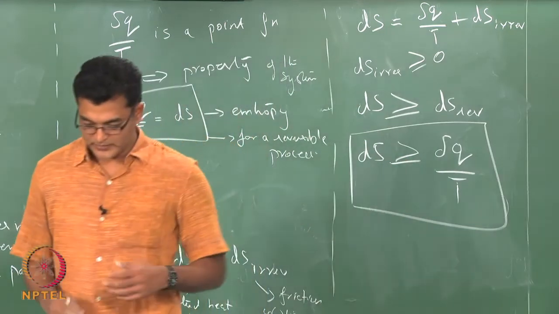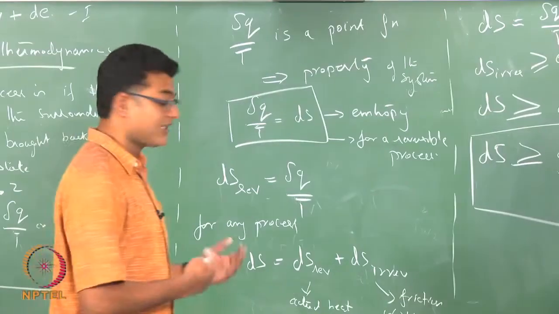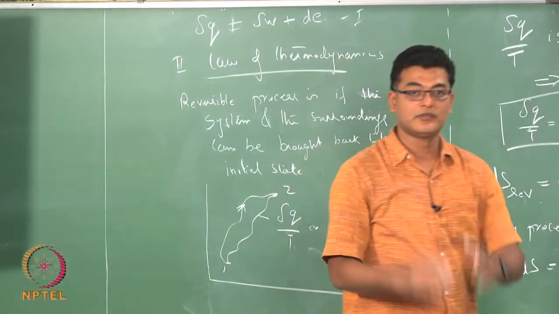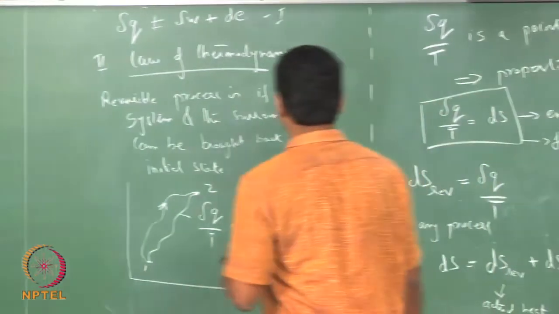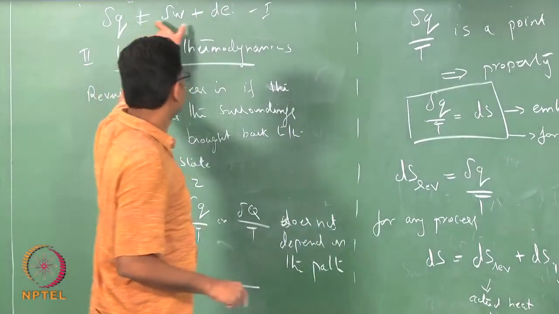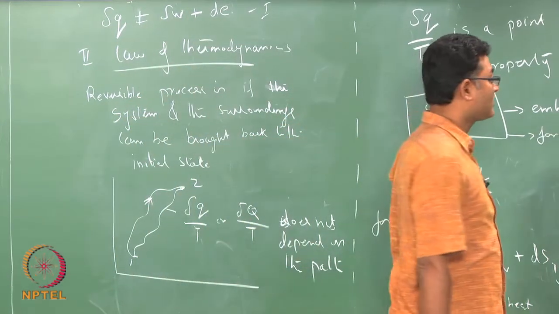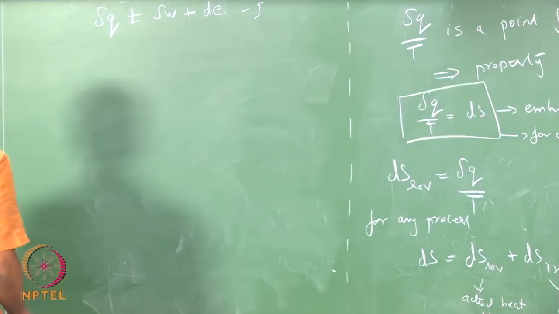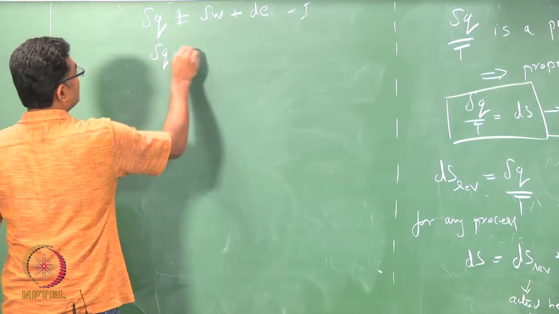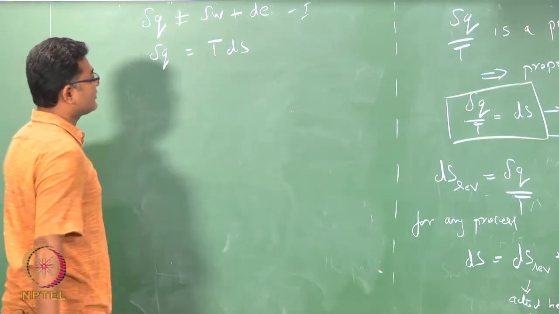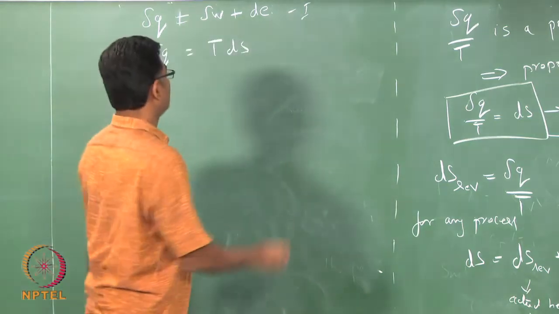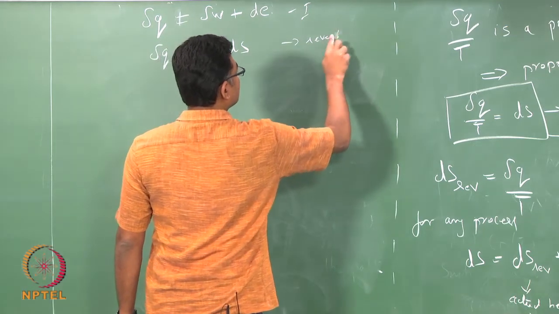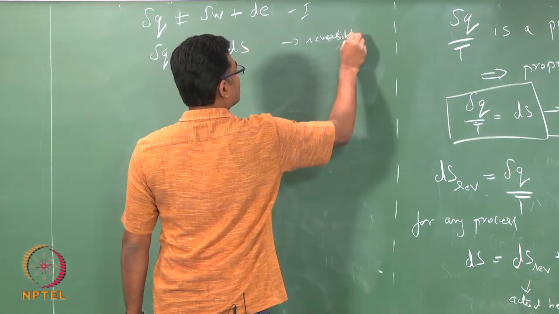Fine. So as given in most thermodynamic textbooks, the second law gives you the direction in which your delta Q and delta W work. Remember, delta Q is the heat input into the system, delta W is the work done by the system. My first law gives me this equation, my second law gives me this equation for a reversible process.